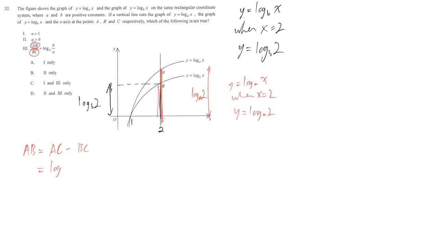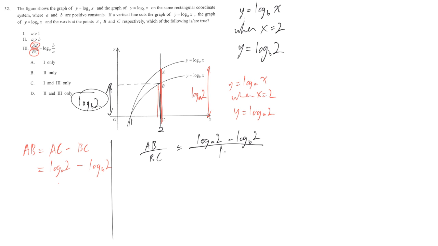This is log a2 minus log b2. We may just stop here first. And then, how about if we consider BC together? So our conclusion: AB over BC is equal to log a2 minus log b2, and then divided by BC, which is log b2.